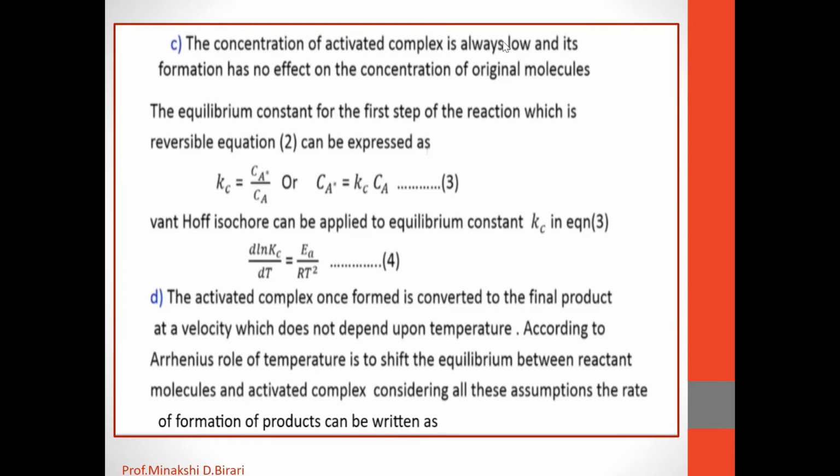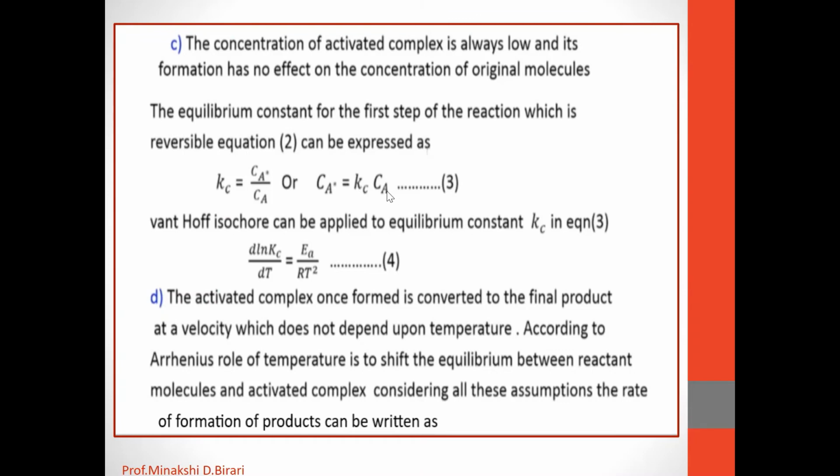So the equilibrium constant for the first step of the reaction, which is reversible, can be expressed as Kc is equal to the concentration of activated complex divided by the concentration of normal reactant molecules, or CA star is equal to Kc into CA.